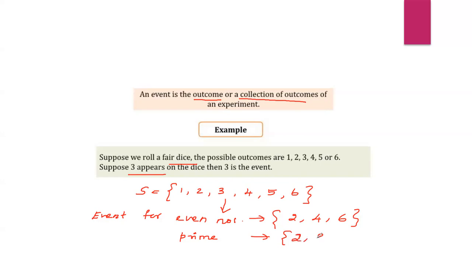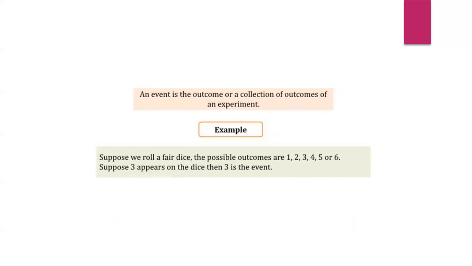No. So 2, 3 and 5. So if we try for odd numbers, then it is 1, 3 and 5, right? So these are basically outcomes or the collection of outcomes, or it can be an outcome, which is basically called an event.